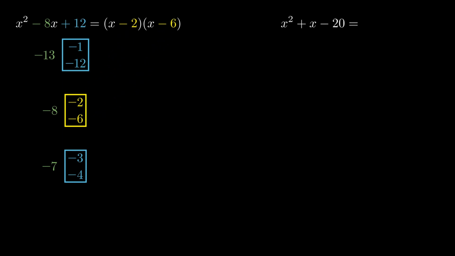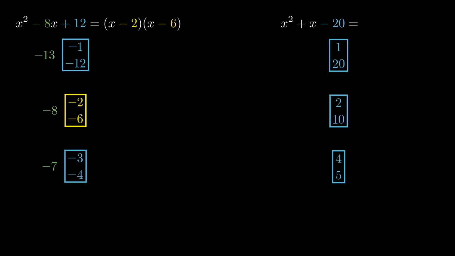Okay, one more. We'll start with the constant again. I know we need to find numbers that multiply to -20, but let's just ignore the negative for now and list all the times tables, everything that multiplies to 20. So 1 and 20, 2 and 10, 4 and 5. Because they need to multiply to -20, that means that one of the numbers in our pair has to end up negative.